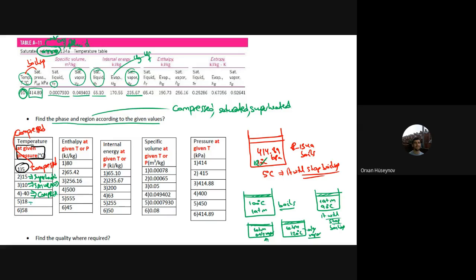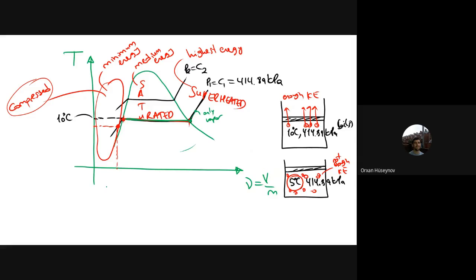Okay. Now the next one. If it is at 18 degrees Celsius, which is more than the boiling temperature, if you go back to the chart here, at 414.89 kilopascals, the boiling temperature is 10 degrees Celsius.